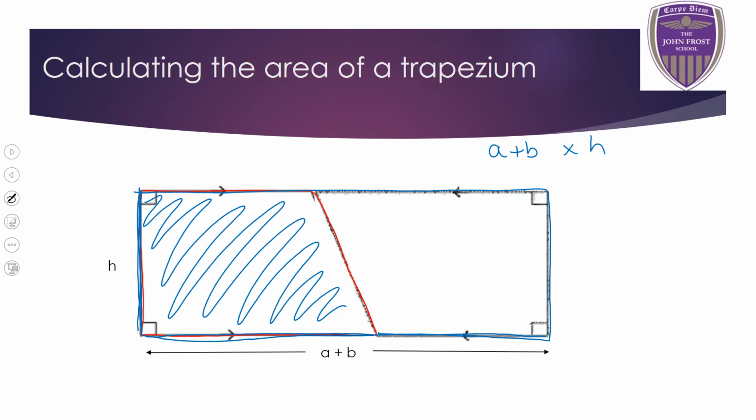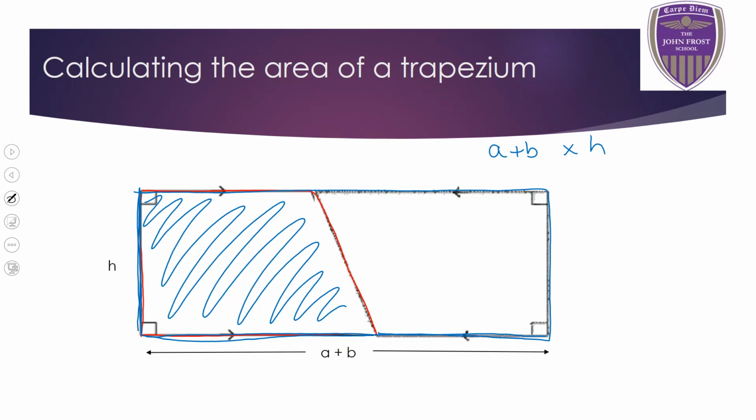If I do A plus B times H, that will give me the whole area of the rectangle, but technically I only want half of that. So I would half the answer. This is leading into why we use the formula that we do.